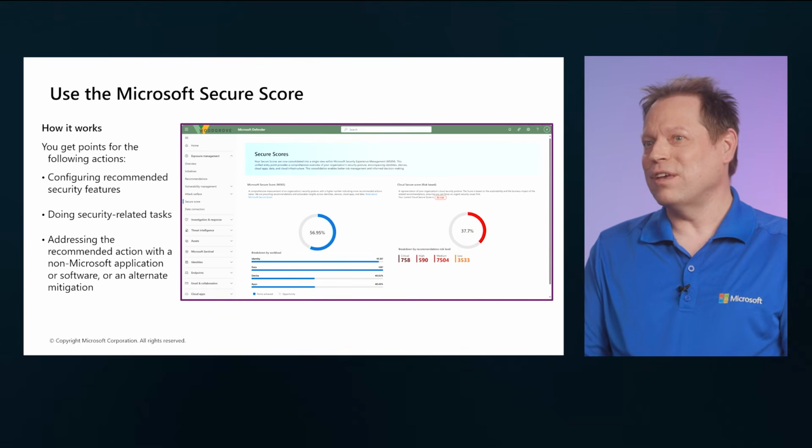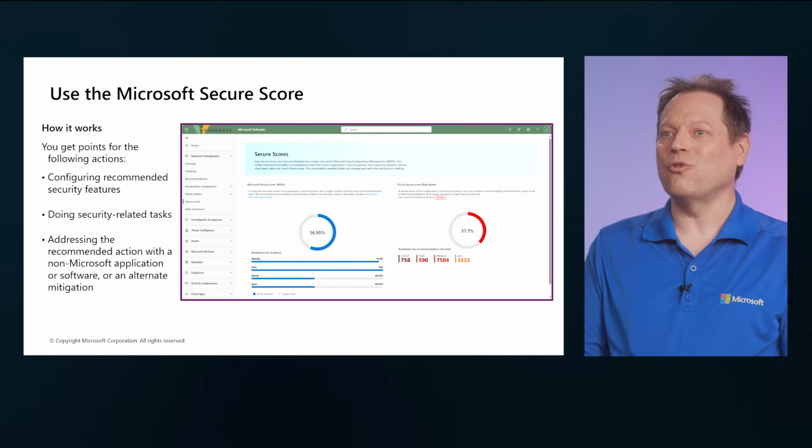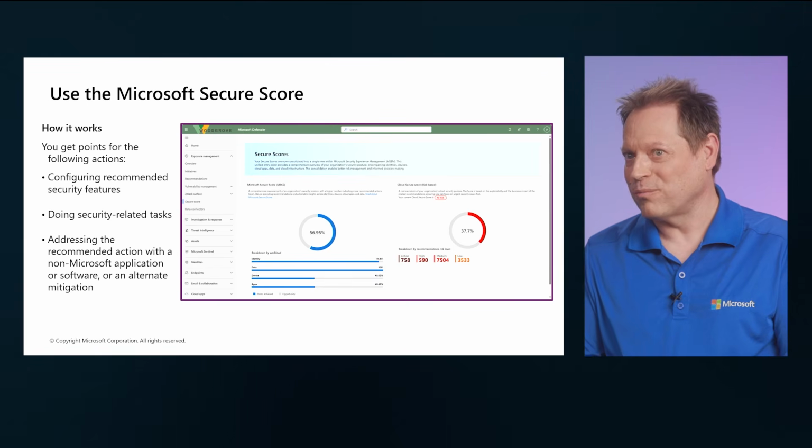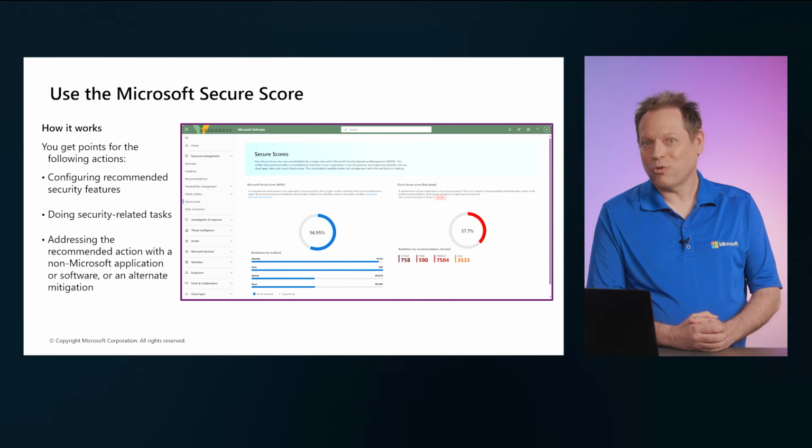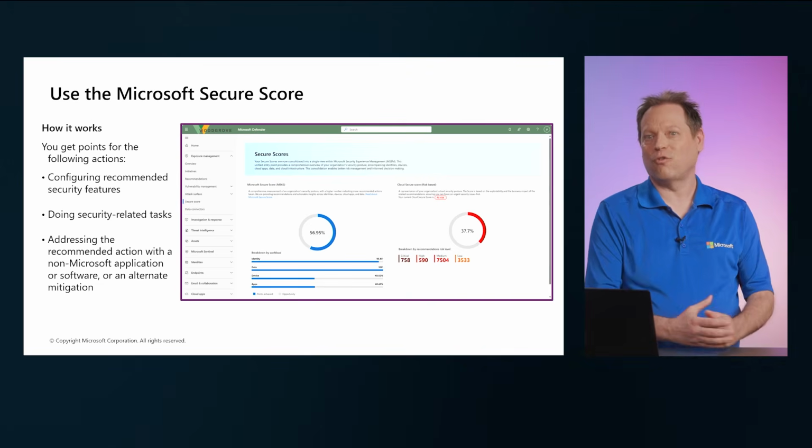Mitigation isn't only about response. It's also about improving posture, so attacks are less likely to succeed. Microsoft Secure Score helps translate documented security actions into a meaningful score.